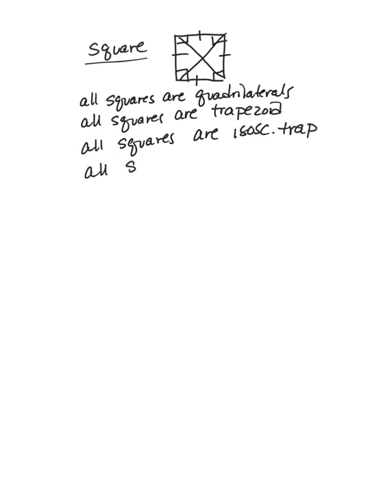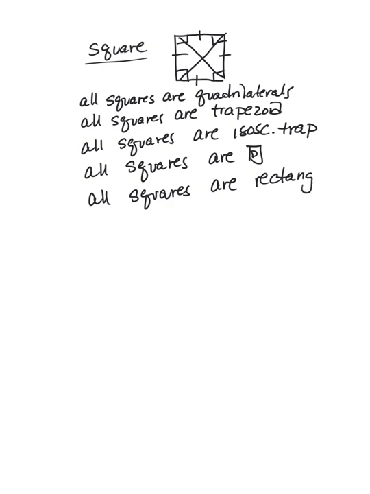All squares are parallelograms. All squares are rectangles. And all squares are rhombi.